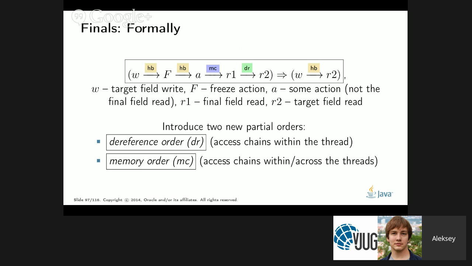The spec there introduces two additional partial orders, the reference order and memory order. In Vladimir's talk, they are introduced properly. We will not introduce them here because it's not essential right now.